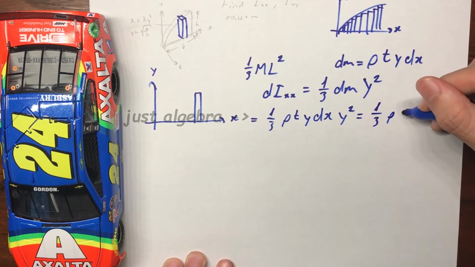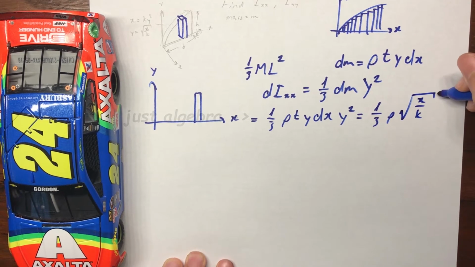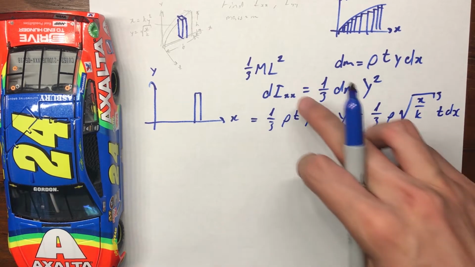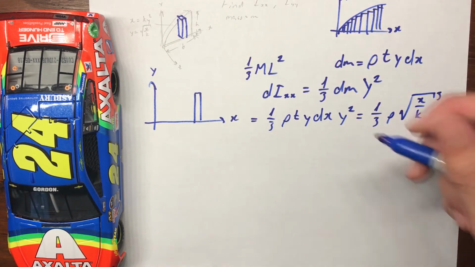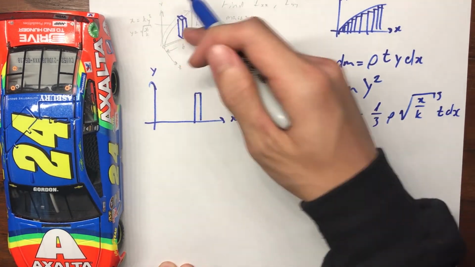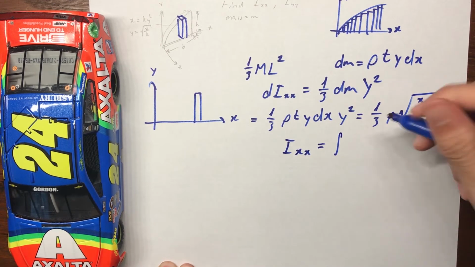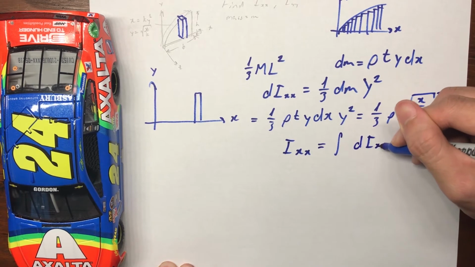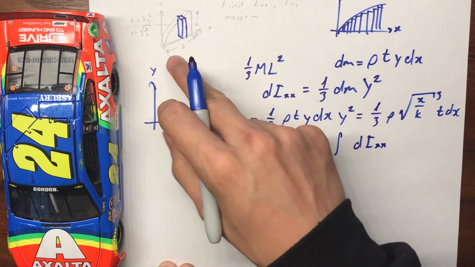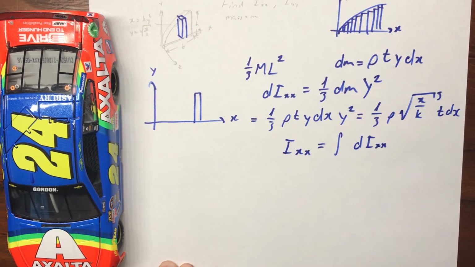Just plugging in cubed t dx. And by summing up all of these for all the rectangles, that's just an integral. So the mass moment of inertia of the solid is the integration of dIxx. And the bounds are across the appropriate bounds. From here, in this case, it'd be from 0 to b, you know?